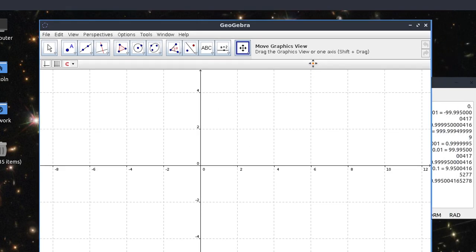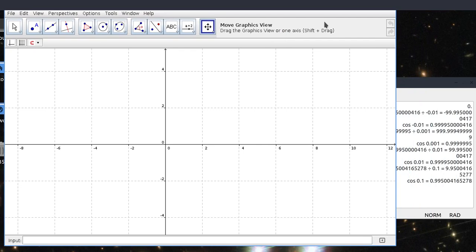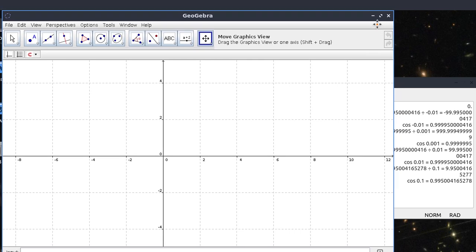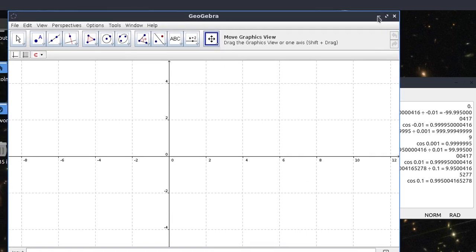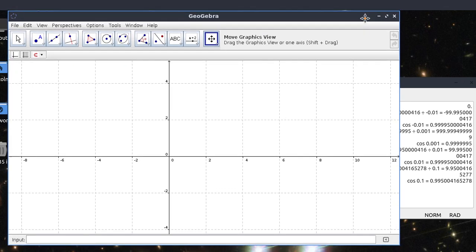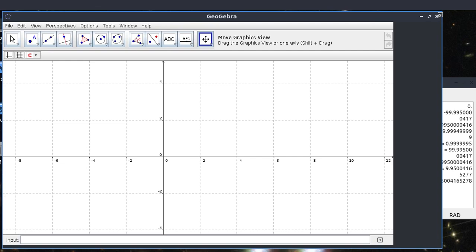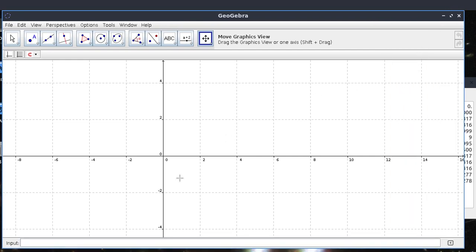I want to move it down a bit, and make more use of the screen. Alright, so we have cos of x divided by x. Enter. Oh, that's the graph.